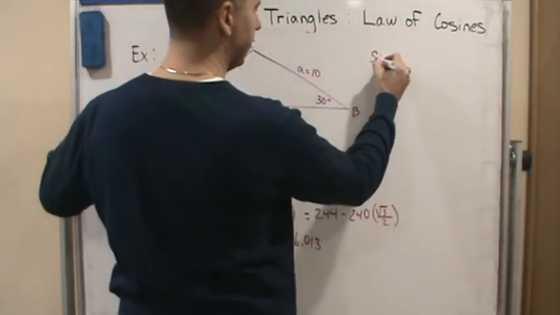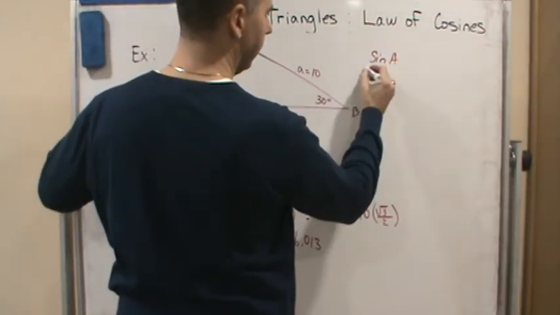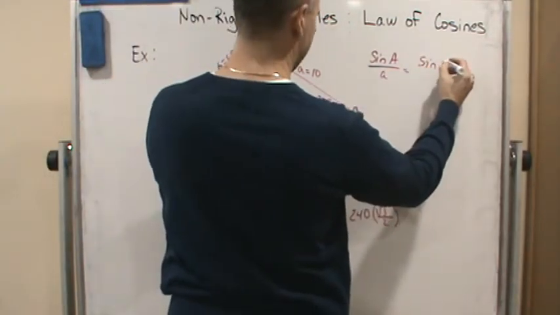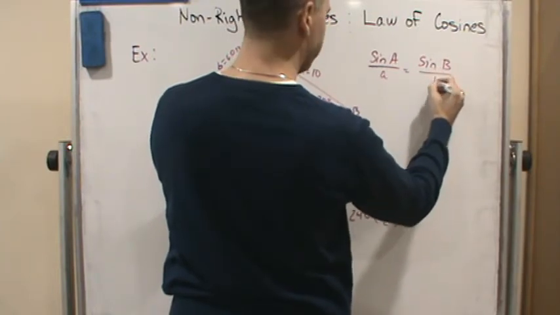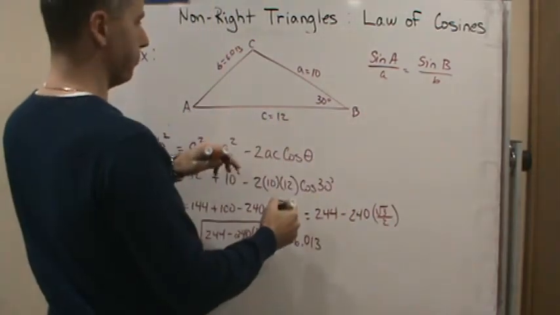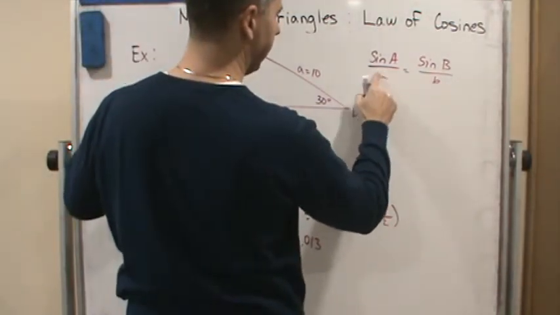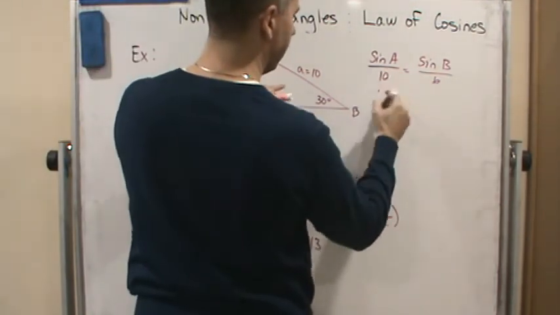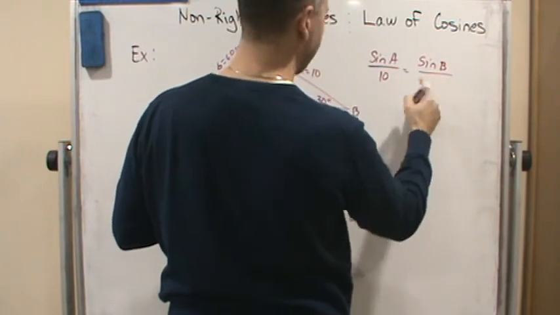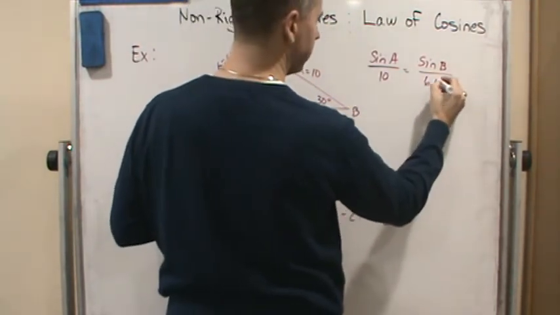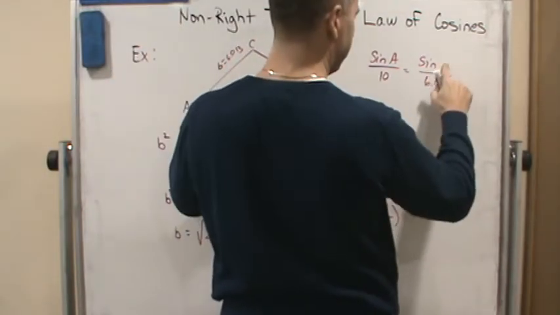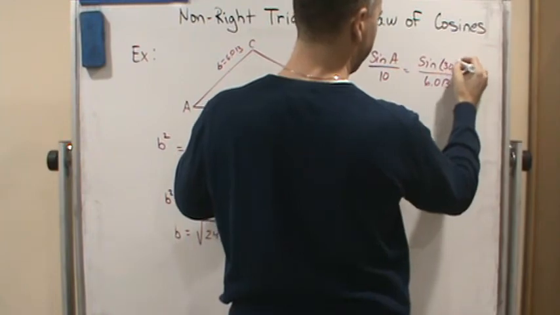Sine A over a is equal to sine B over b. Now all we have to do is fill it in. Sine A over a, which is 10, equals sine B over b, which we just solved for, approximately 6.013. Oh no, we do know B. B is 30 degrees.